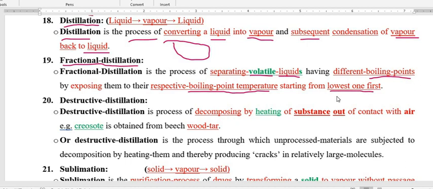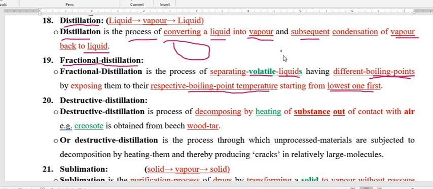What it means is, when we are boiling a liquid solution possessing more than two or three liquids with different boiling points, a mixture of different volatile liquids, then we have to start boiling from the lower temperature.